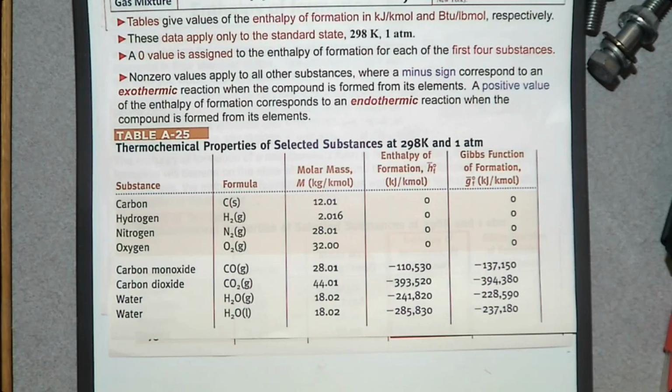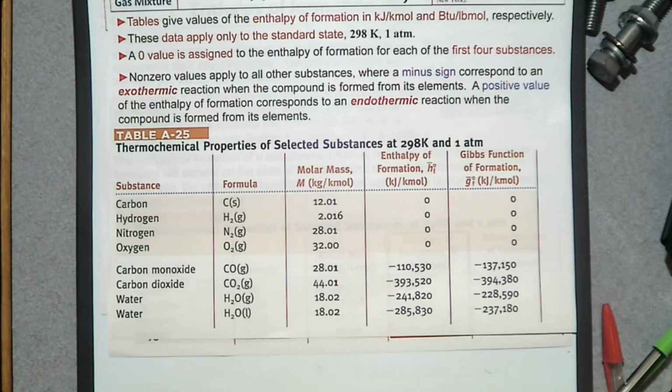At this condition, when the combustion takes place at 298 Kelvin and 1 atmospheric pressure, what if the temperature of this carbon dioxide, carbon monoxide, or whatever the products are, is higher than this?